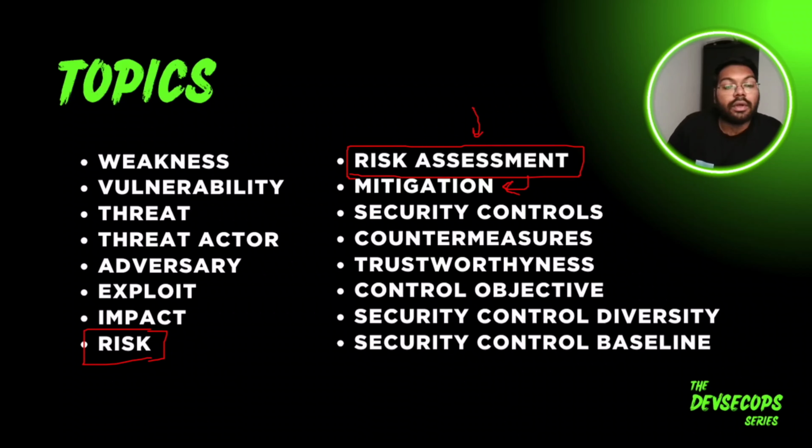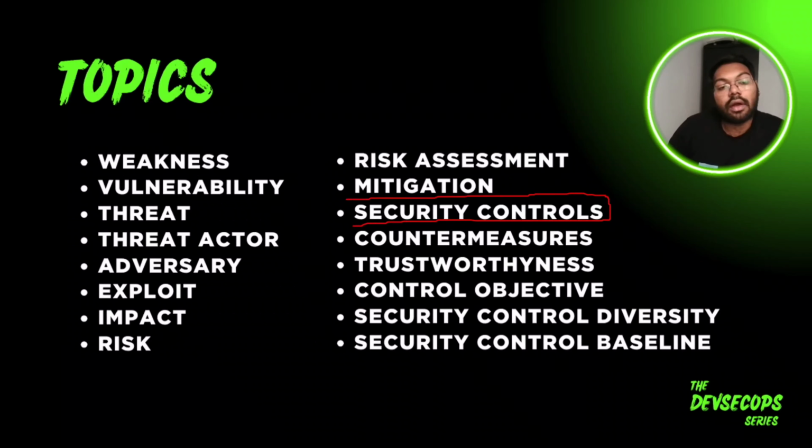Now, in order to have fewer risks, or let's say fewer vulnerabilities, we need to add some security controls to our applications. And once security controls are there, there should be countermeasures to safeguard against specific threats. And once these security controls or countermeasures are implemented, how trustworthy are they? That is measured by the effectiveness, the functionality, and the assurance that they provide.